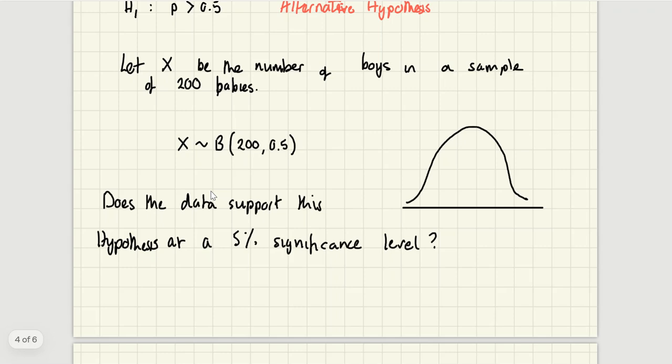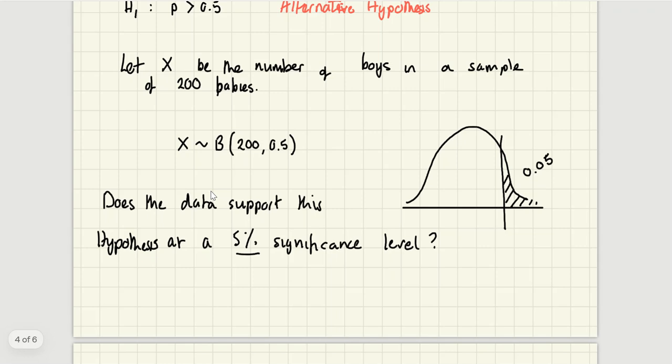So what does a 5% significance level mean? Well, we've got a region up here, and this area, which you've already done with the binomial distribution, represents the probability of something happening. So a 5% significance level means that this is a 5% area, 0.05.